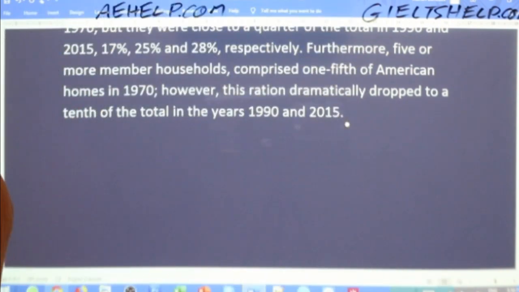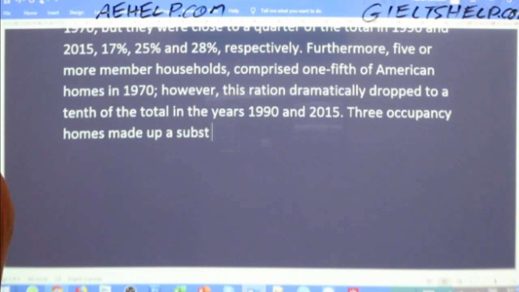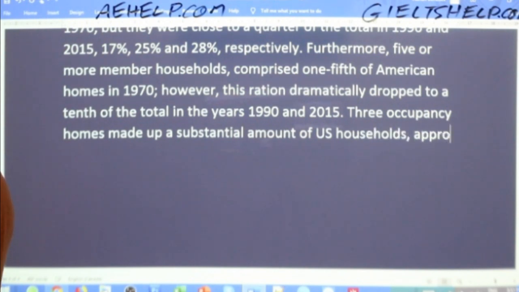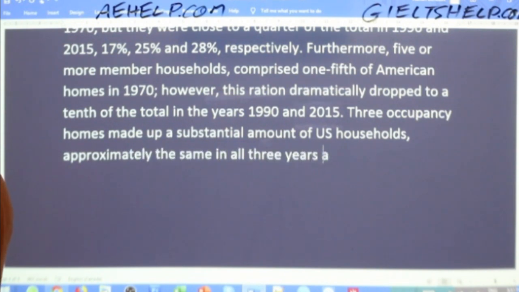So, 3 occupancy homes made up a substantial amount of U.S. households. Approximately the same in all 3 years at roughly 1/6.